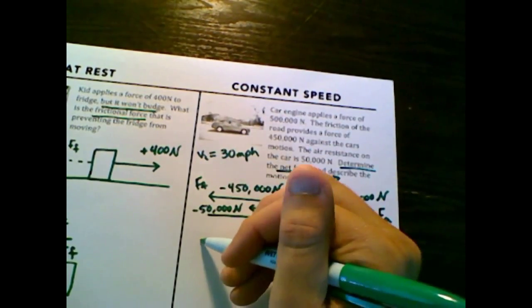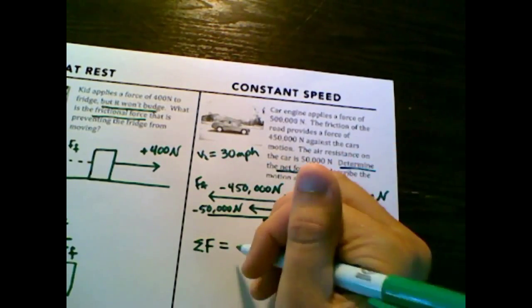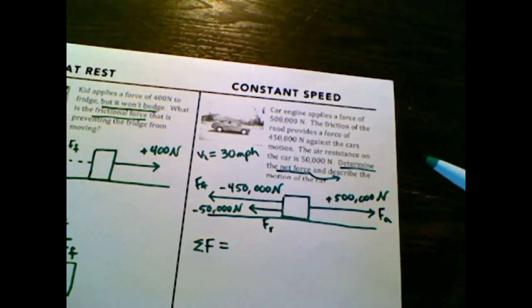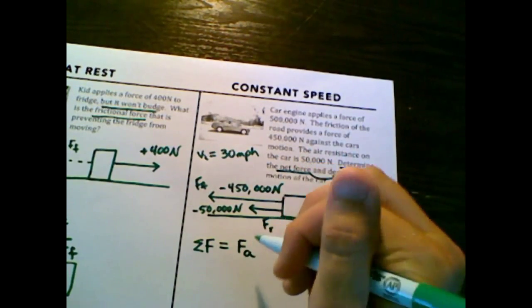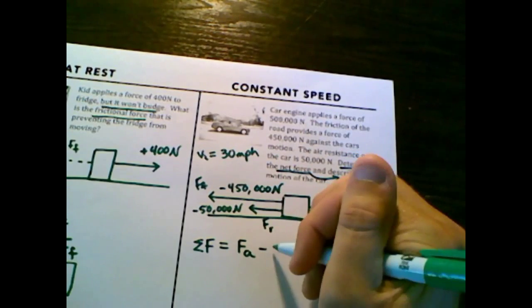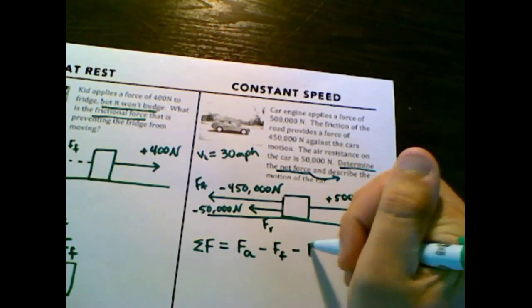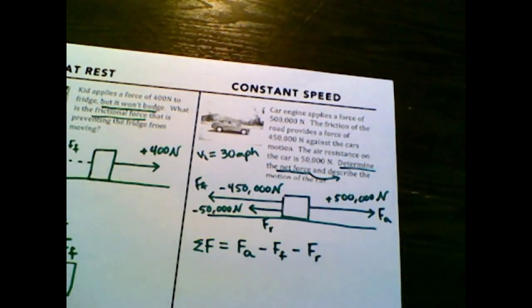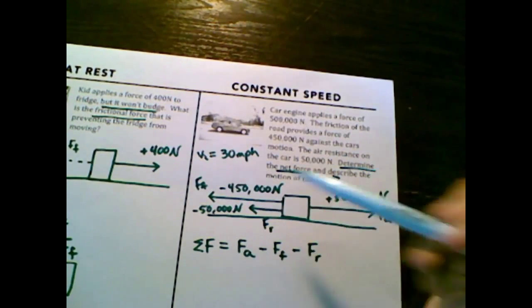All right, so I know in order to determine my net force, let's use the equation for net force. My net force is going to be equal to all of the forces added together. And so I have my applied force, and then I'm going to say minus my frictional force minus the force of air resistance. I drew these with a negative because they're moving in the negative direction.